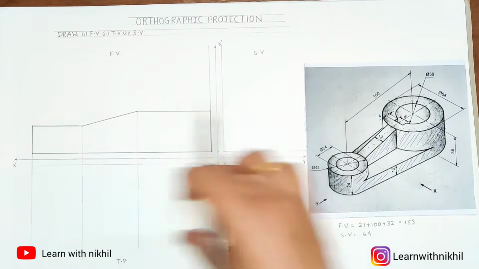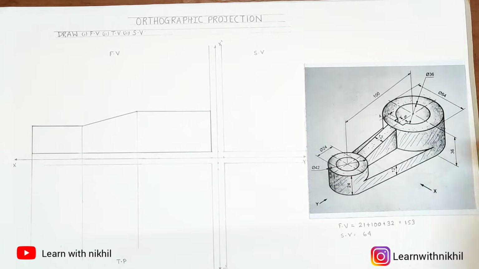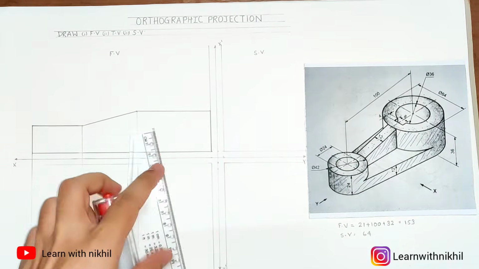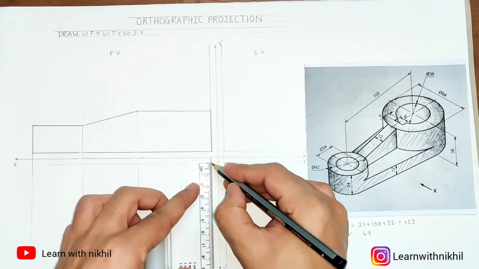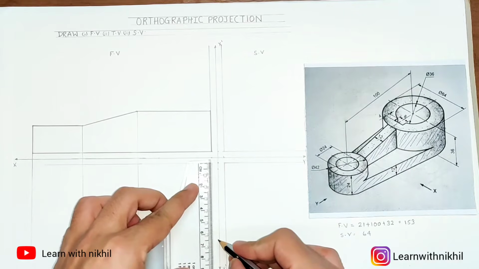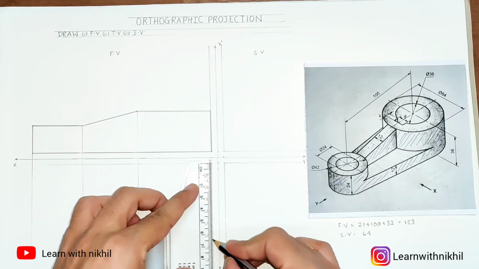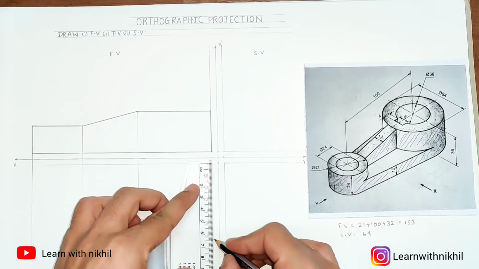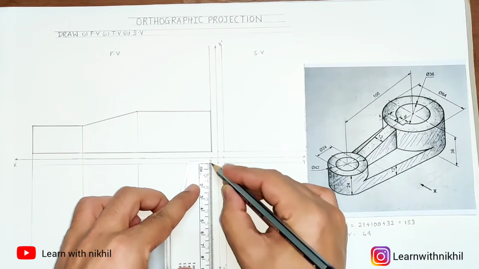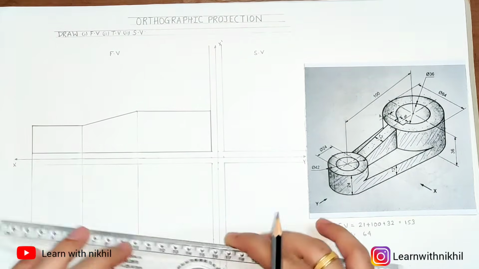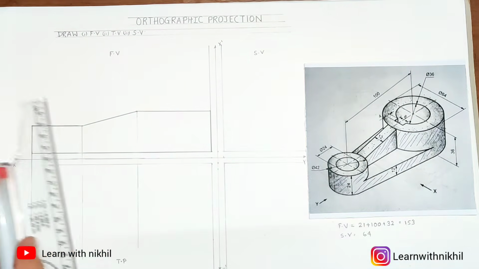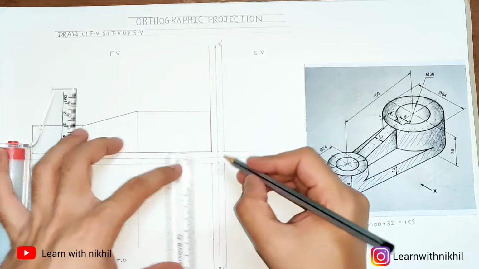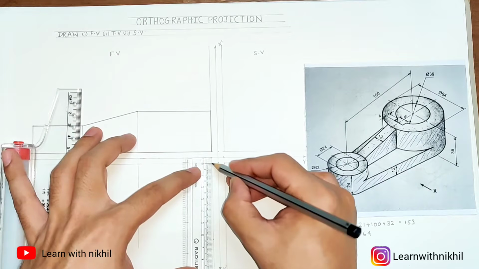So the width is 64 and the top view will be drawn on the bottom side. So drawing first this circular part, as it's a circle, its width will be 64 millimeter. So marking of the 64 millimeter, and this distance is already projected from the front view, that is 64.